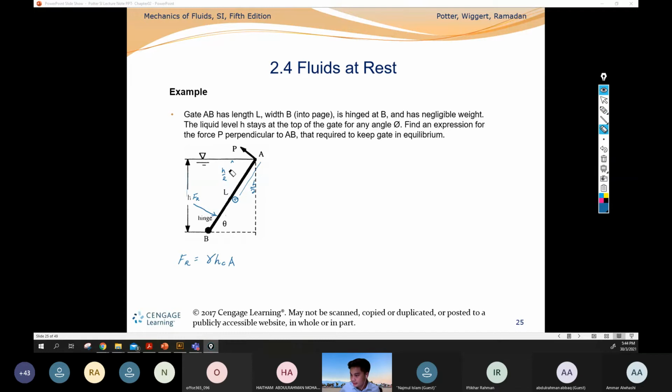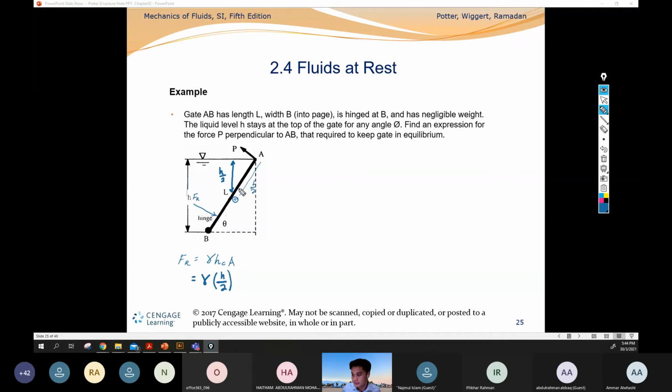So far, you guys clear? Yes, doctor. Okay, so this is H, and this is H divided by 2. Just substitute into the equation: gamma, and h_c is H over 2, multiplied by area.